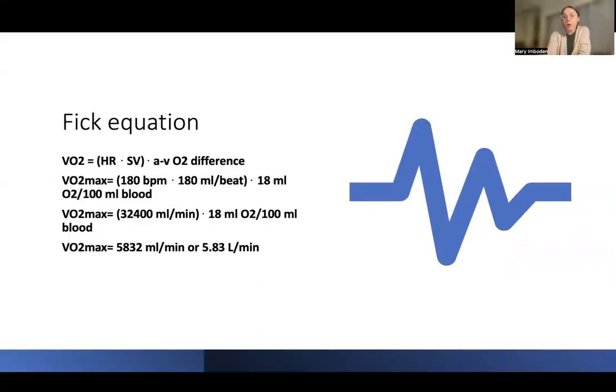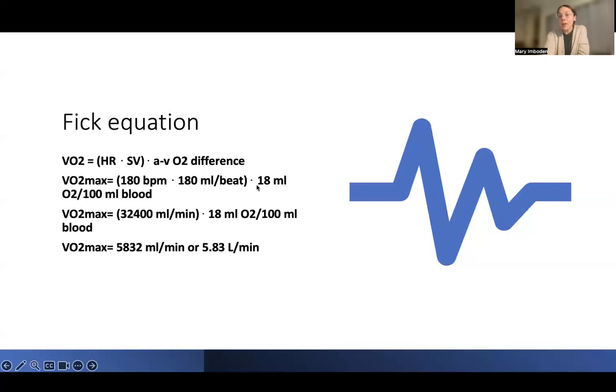And just one more to see the difference between maybe an active individual with that last example to an elite athlete. Now we see that max stroke volume increased from 140 to 180, okay? Heart rate stayed the same.